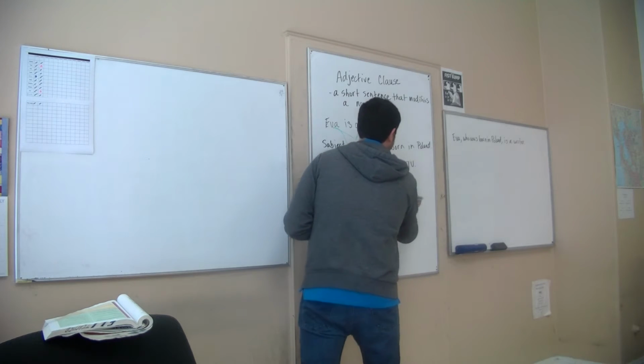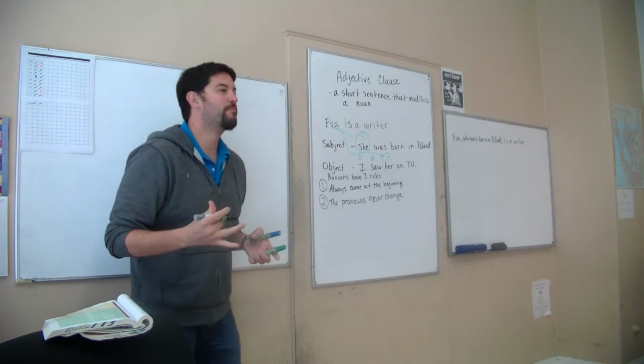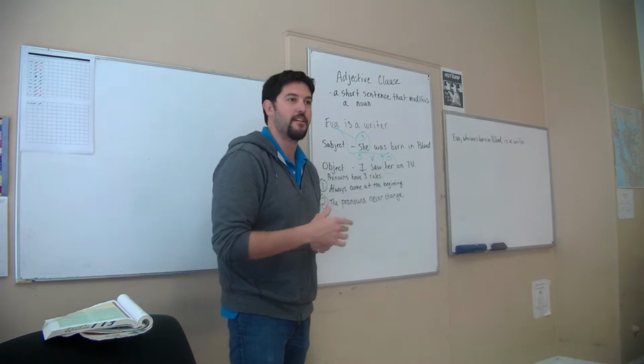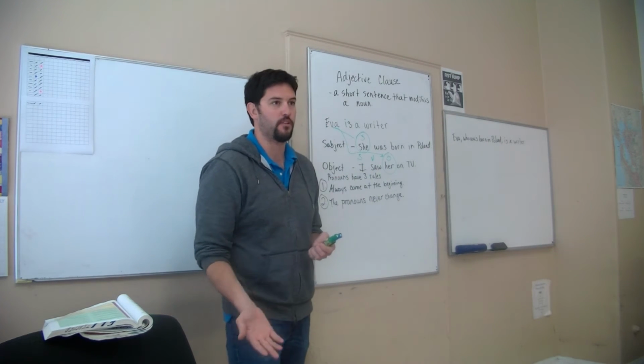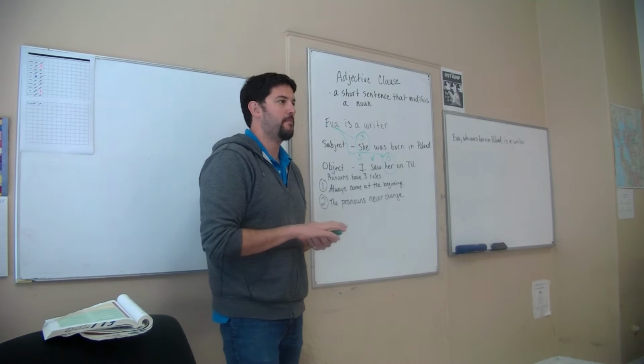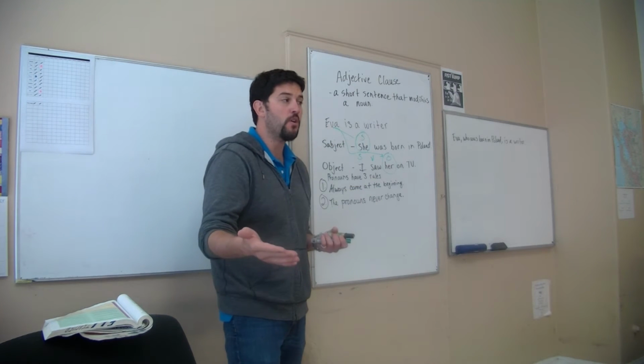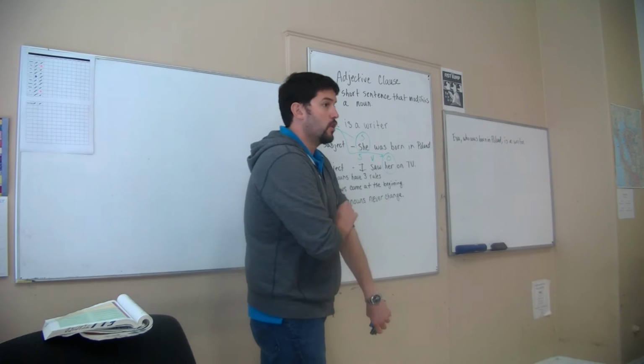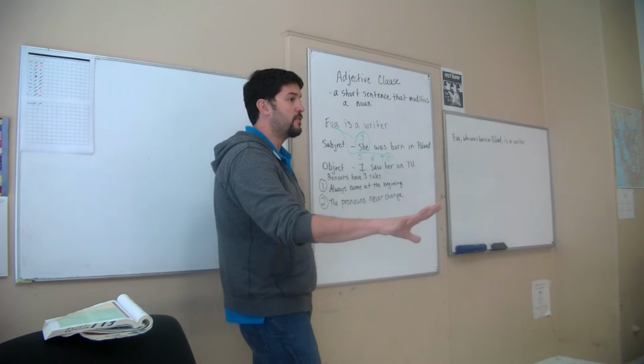Pronouns never change. Who is always who. It doesn't matter if it's singular or plural. Okay. We can say a person who or people who. Always the same. Okay? Alright, so the pronouns never change.